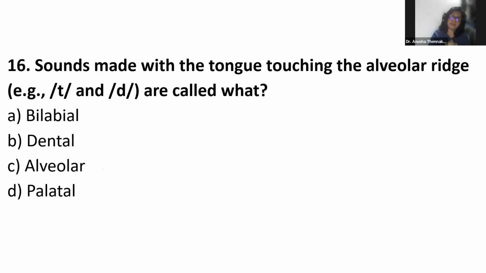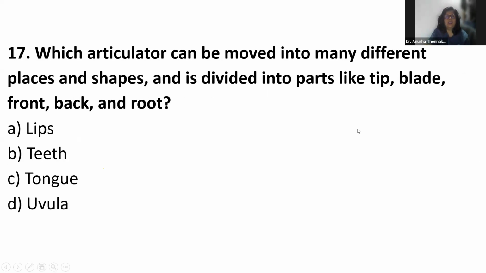Sounds made with the tongue touching the alveolar ridge are called, correct, C, alveolar. Very easy question.